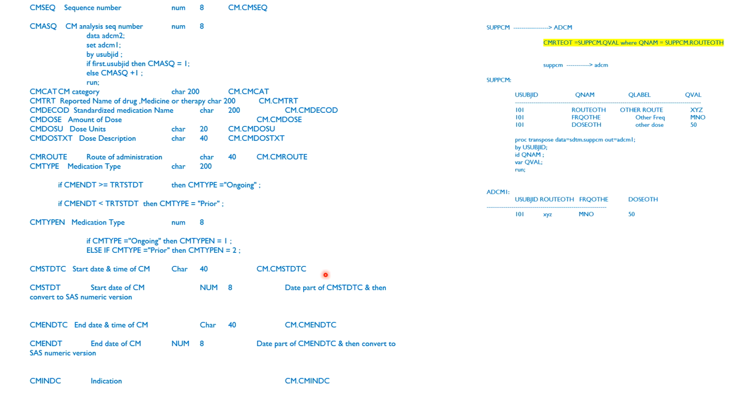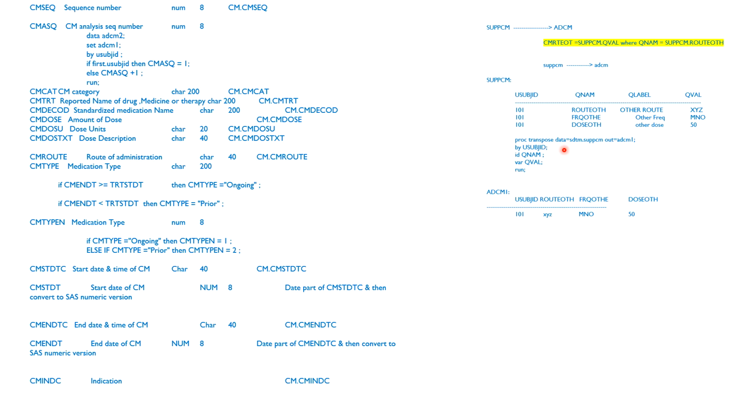In some cases we need to derive some variables from a supplementary domain. ADCM has a supplementary domain, right? SUPPCM. So we have to write code this way. First we have to get the variables and transpose them using proc transpose. Proc transpose data=sdtm.suppcm out=adcm; by unique subject ID.